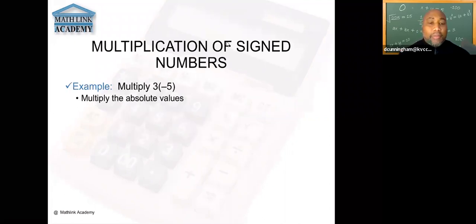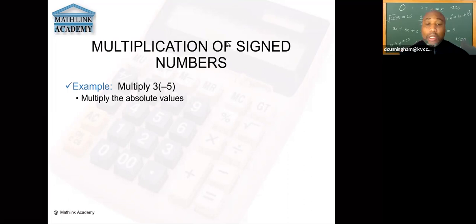In this case, we're multiplying 3 times a negative 5. Now notice we're not putting a multiplication sign, an X or a dot. The parentheses next to the 3 tell us that we're multiplying 3 times a negative 5.